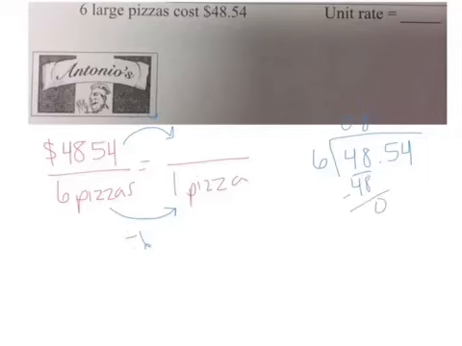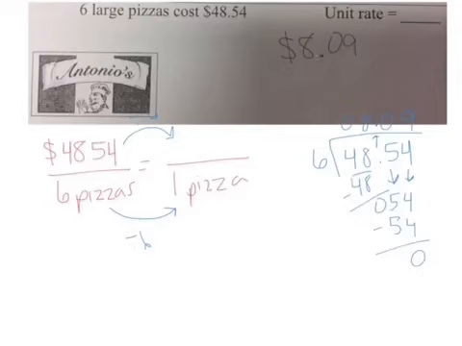Subtract that. I'm going to raise this roof, so bring that decimal up. And now I can bring down this 5. 6 goes into 5 0 times. So I bring down my 4. 6 goes into 54 9 times. 9 times 6 is 54. So again, this worked out perfectly. So I shouldn't have to do any rounding now.